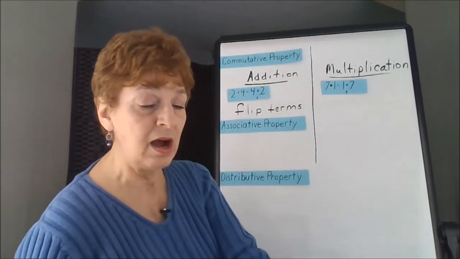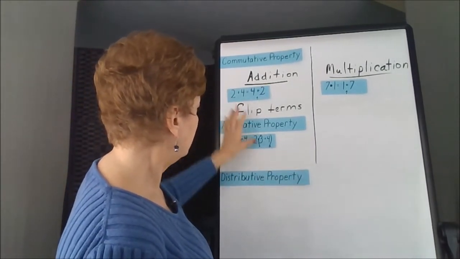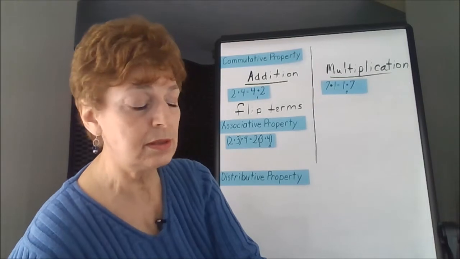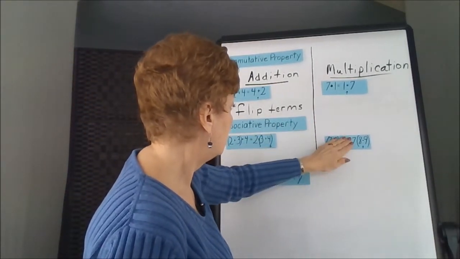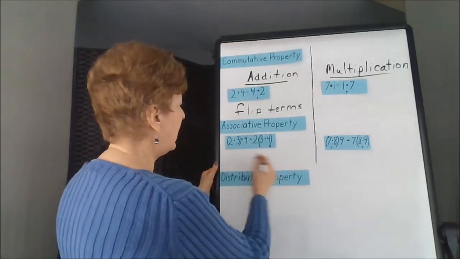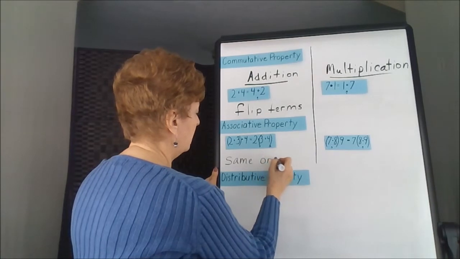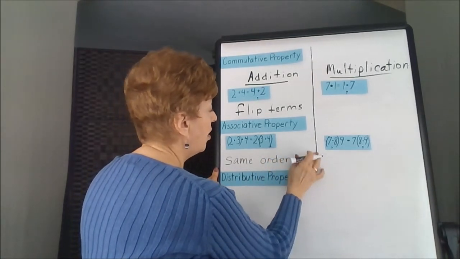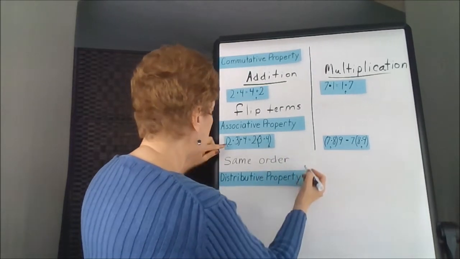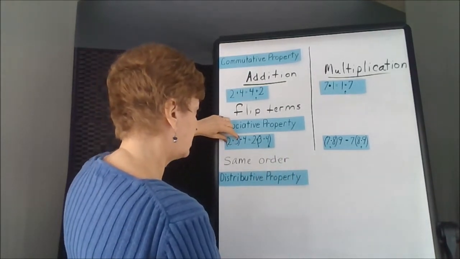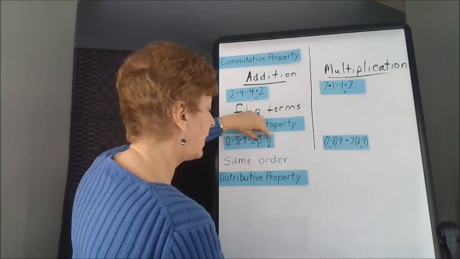Associative property also works with addition. This time we have 3 terms or more, and these are in the same order, but we have parentheses around the first 2 and then the last 2.